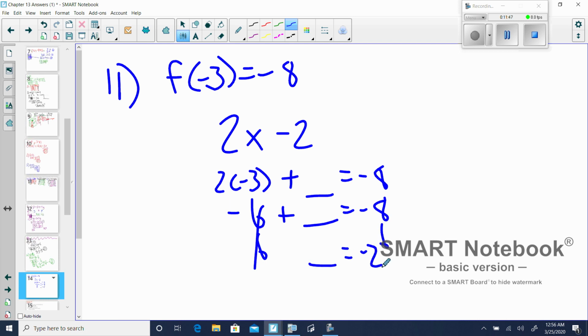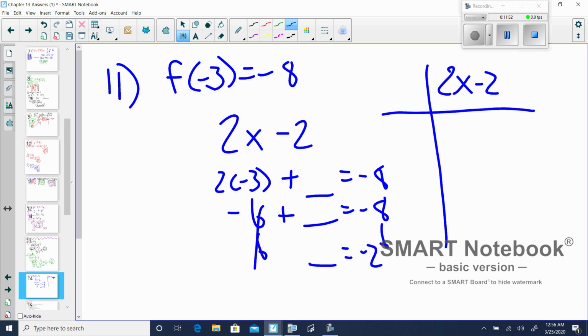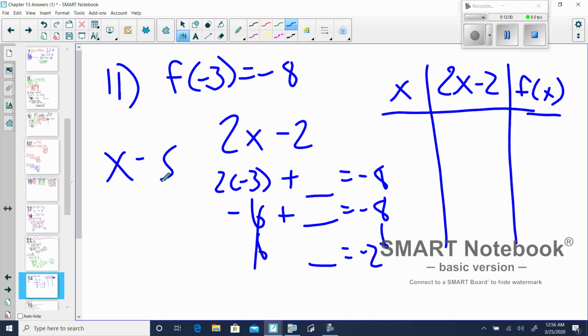So now I've created a rule, and yours doesn't have to look like this. Please understand that it doesn't have to look like this. It could be anything else, right? Could be x minus 5. Could be any of an infinite number of possible equations. Just be as creative as you need to be right there.